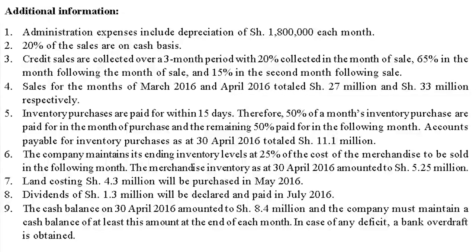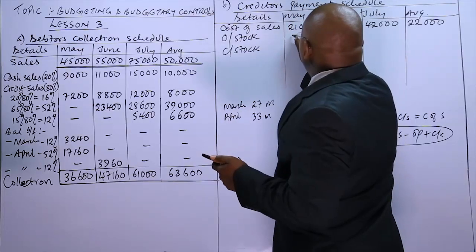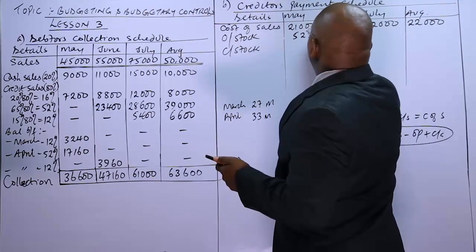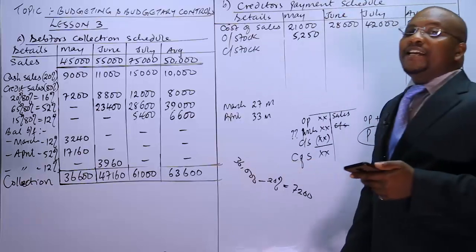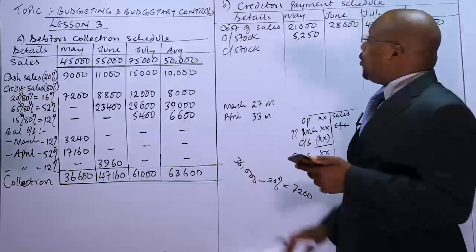So that one is not giving us the stock, but note number 6 is telling us that the company maintains its ending inventory levels at 25% of the cost of the merchandise to be sold in the following month. Then the merchandise inventory as at 30th of April, which now is the opening of May, is given there as 5,250. We have been given that figure as closing stock of April, which becomes the opening of May.